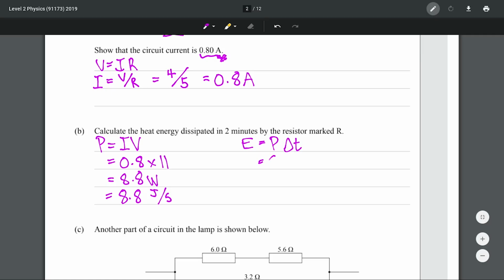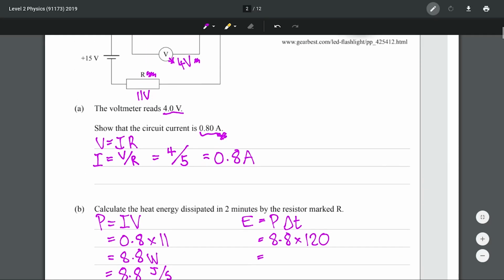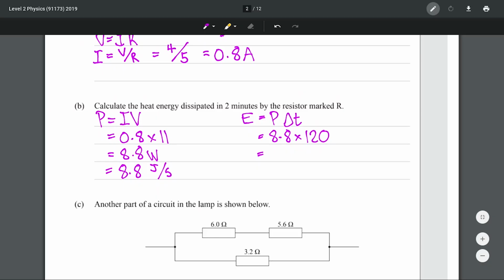The power being 8.8, and the number of seconds in 2 minutes being 120. Putting that in our calculator gives me 1056. Since the question has, for the most part, only given us 2 significant figures, I'm going to write this as 1100 joules.